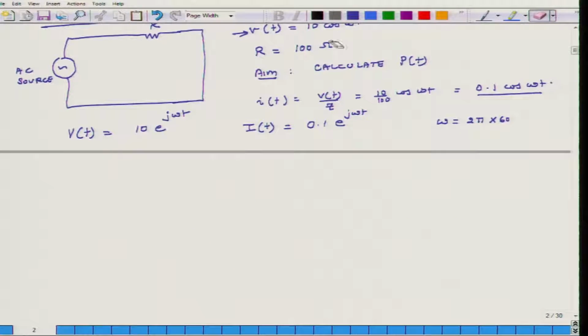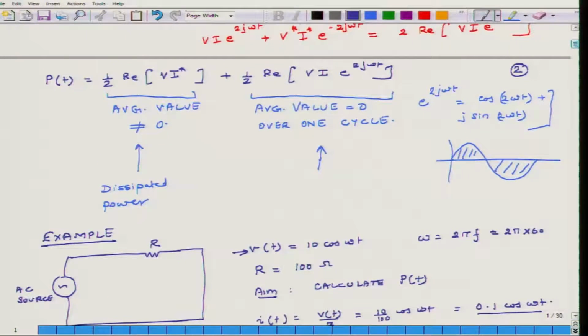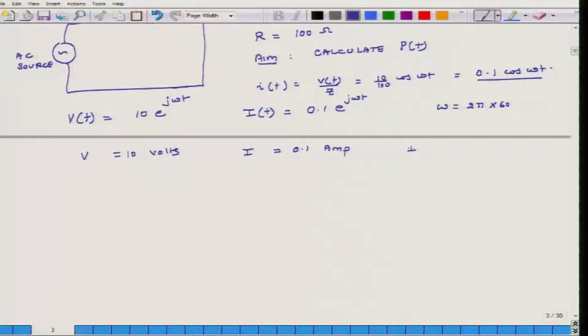So, this means that V, the complex amplitude, is equal to 10 volts and I complex is 0.1 amperes, right, and I star is again 0.1.